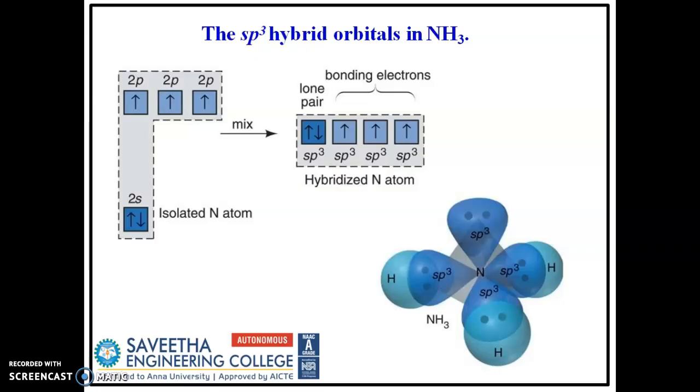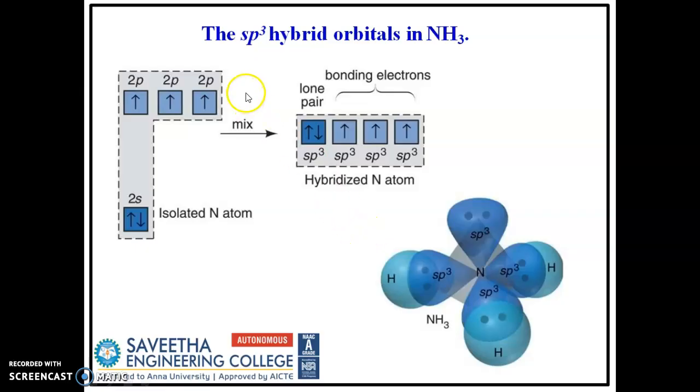During the formation of ammonia, one 2s and three 2p orbitals combine to form four sp3 hybrid orbitals. Here the three half-filled sp3 hybrid orbitals combine with three hydrogen atoms, and the fourth sp3 hybrid orbital is the non-bonding pair or lone pair. Because of this, the shape is pyramidal and the bond angle is 107 degrees.